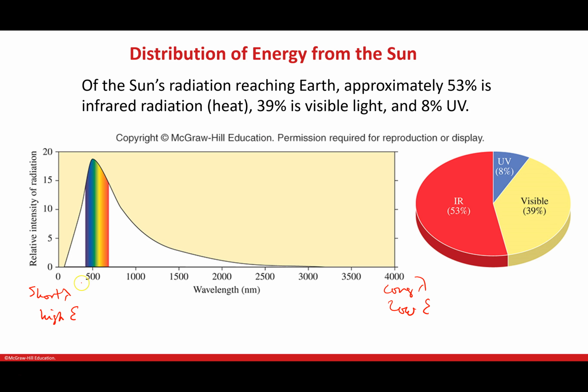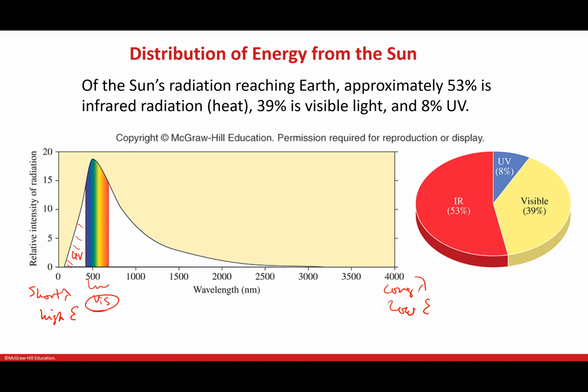This is our visible right here. Let's put it this way: what is just a little bit shorter wavelength than visible? Ultraviolet. So I'm going to put UV right there. And the amount of ultraviolet radiation coming from the sun is underneath this curve.